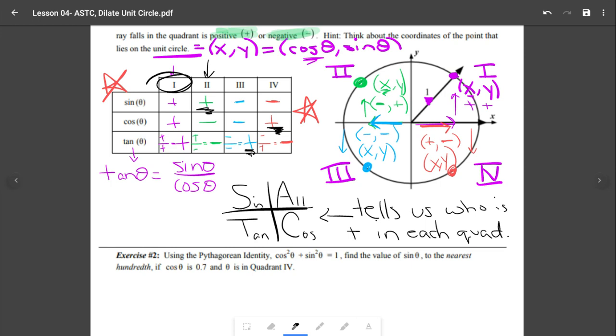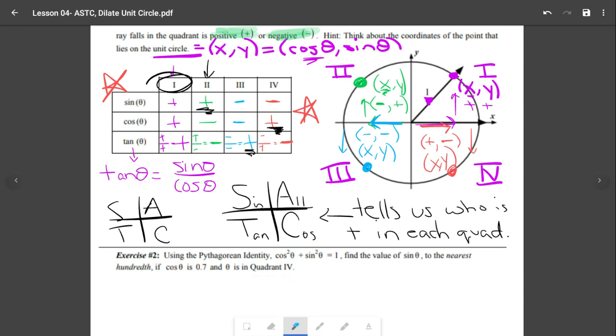So again, this tells us who is positive in each quadrant. So we remember it as just ASTC, a little acronym that can help. All students take classes. All students take chem, traveling around. And again, this tells us who is positive in each quadrant.